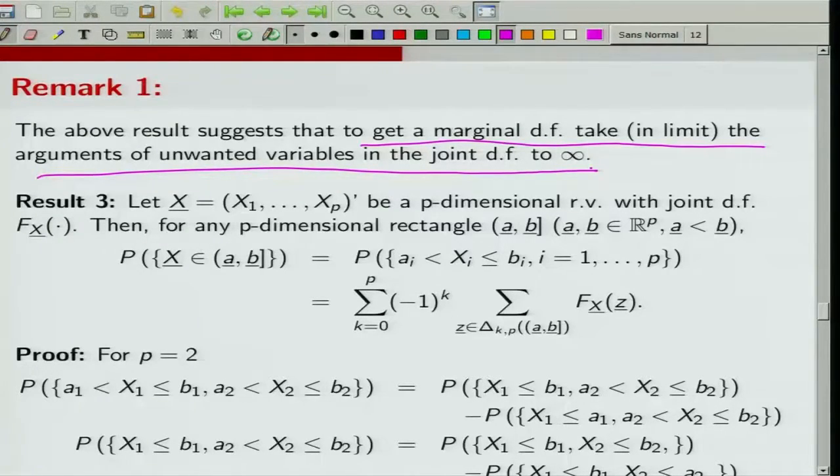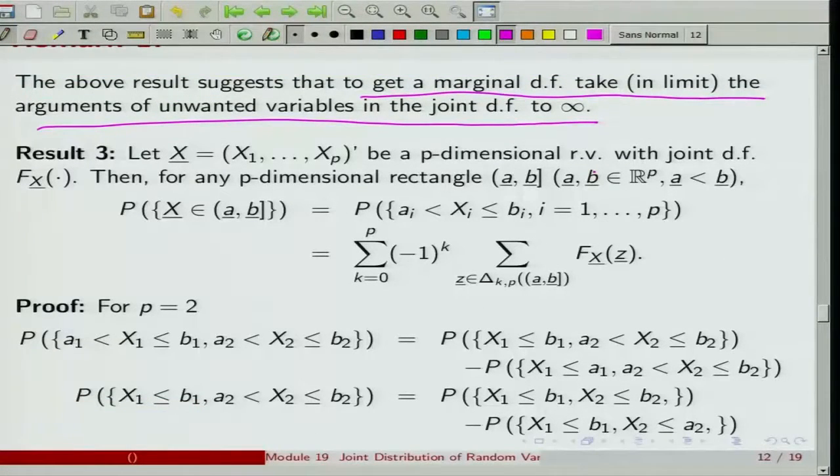Now, let us consider another useful result, which gives you a way to write down the probability that X takes values in a p dimensional rectangle in terms of the distribution function. What it says is that X = (X1, X2, ..., Xp) is a p dimensional random variable with joint distribution function F_X.